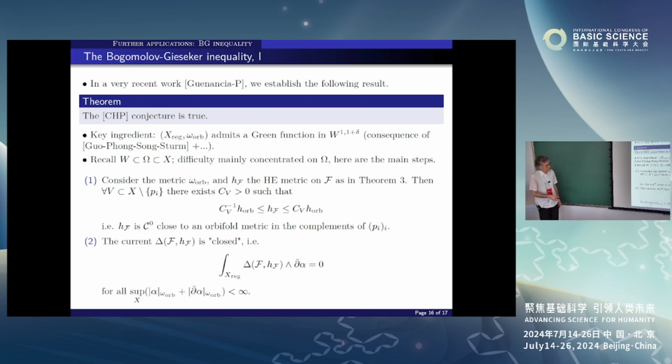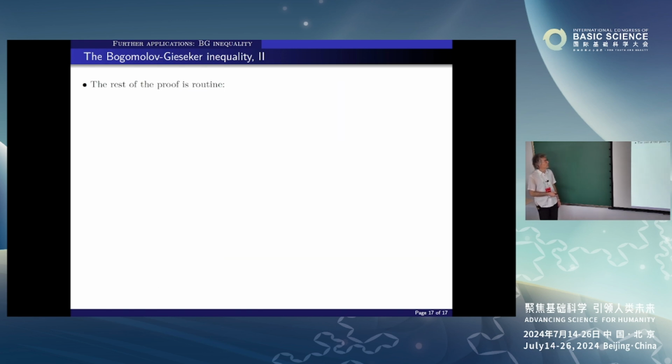I imagine this is hard to believe because this is order 0, while this here involves two derivatives. But what comes into the picture is the fact that we have L2 bounds for the curvature. That's the point. And then the rest of the proof, like I said, is routine.